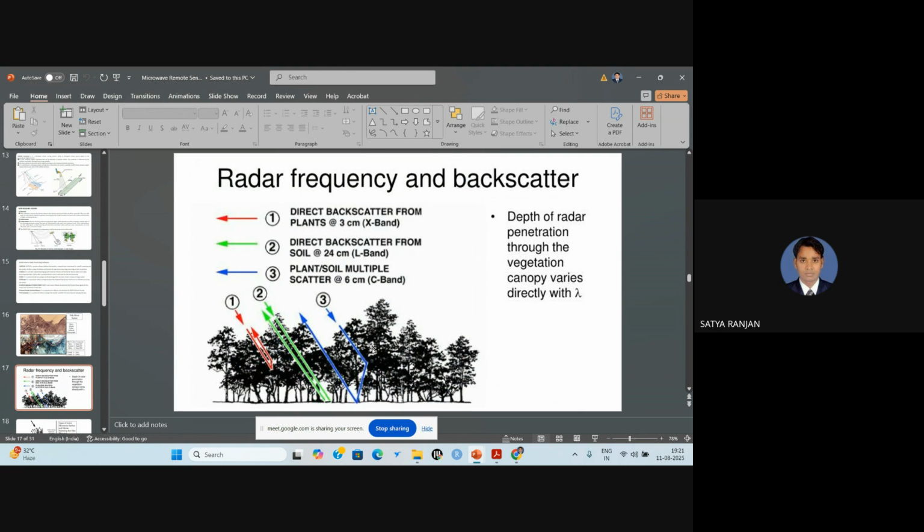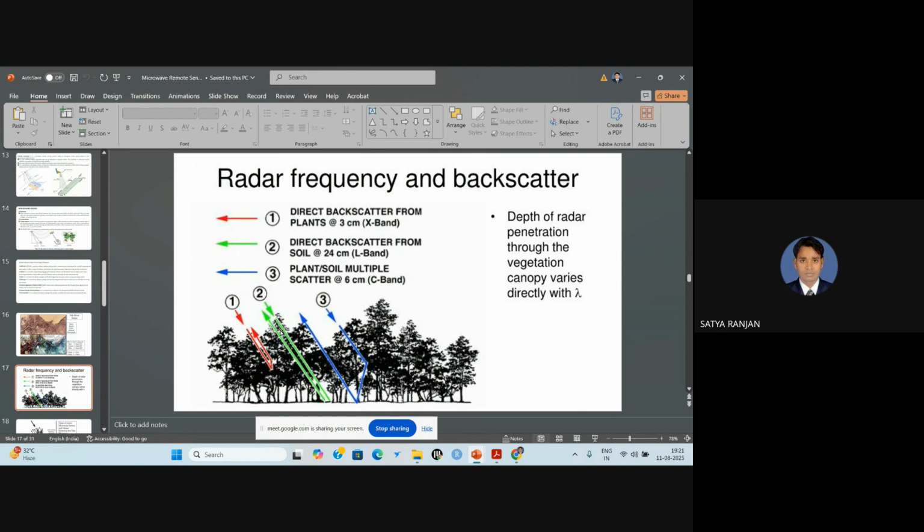So suppose there are three different bands, like X, L, and C bands. Suppose there is the red band, that is X, and its wavelength is 3 centimeters. So it cannot penetrate through the tree areas. It only reaches the upper area of the trees or forest, so it gathers information on the canopy cover of the area.